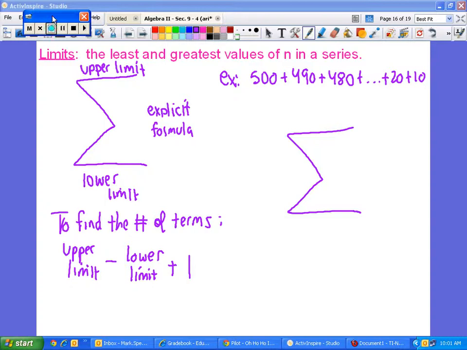Summation notation has three parts to it. It has the upper limit, which we write on top of the sigma, the lower limit, which goes at the bottom, and then your explicit formula, which goes on the side.